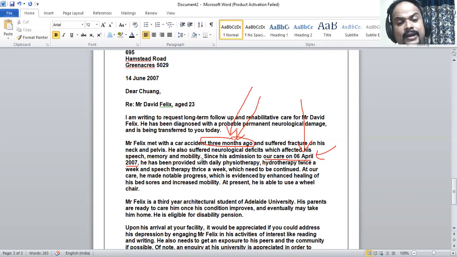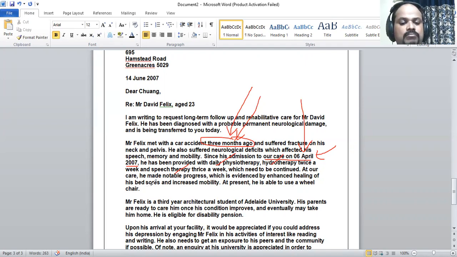So we provided physiotherapy, hydrotherapy, and speech therapy, which needs to be continued at your care. At our care, he made notable progress, which is evidenced by enhanced healing of his bed sores and increased mobility. At present, he's able to use a wheelchair.